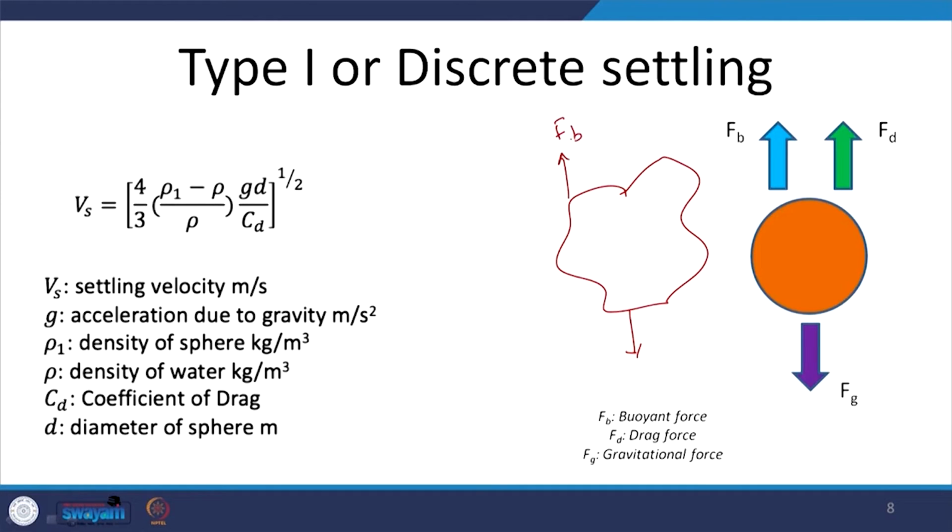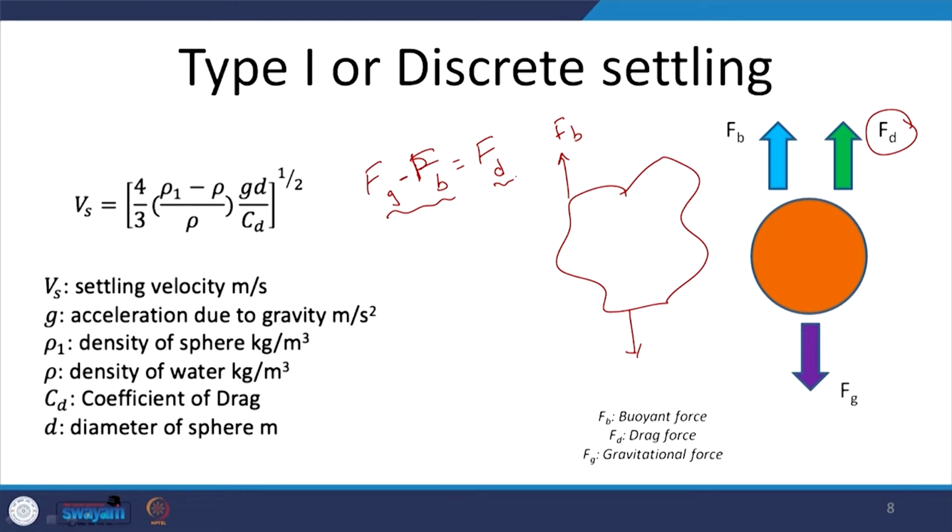There is also the drag force, or the frictional force, on the particle. So, gravity minus buoyancy, at the terminal settling velocity, when there is no acceleration, will be equal to the drag. This force pulling it down will be equal to the frictional force.